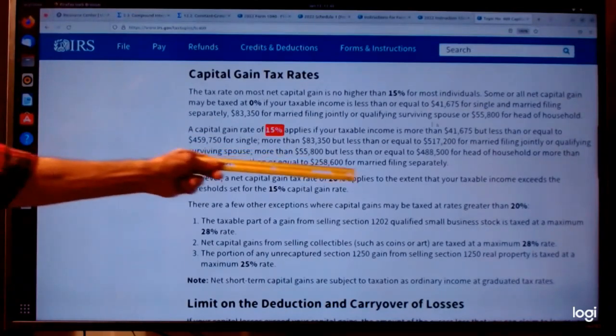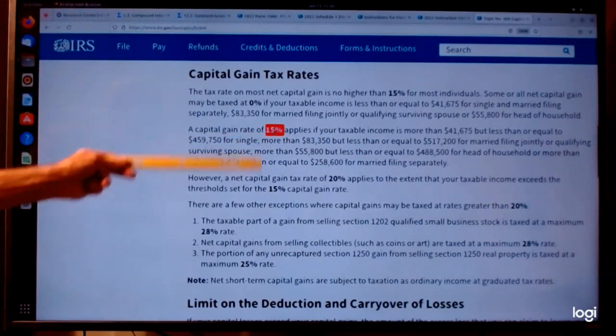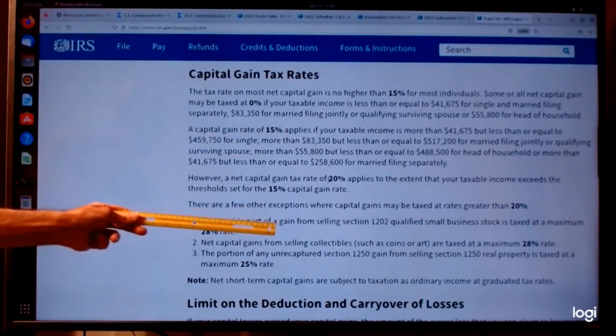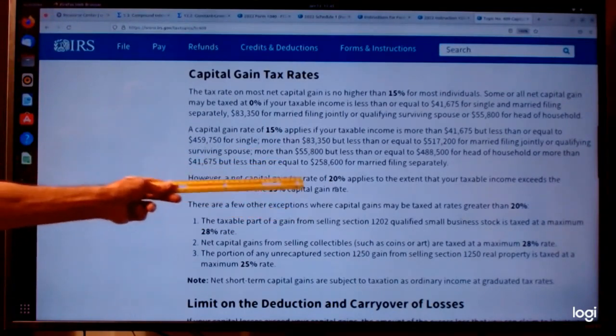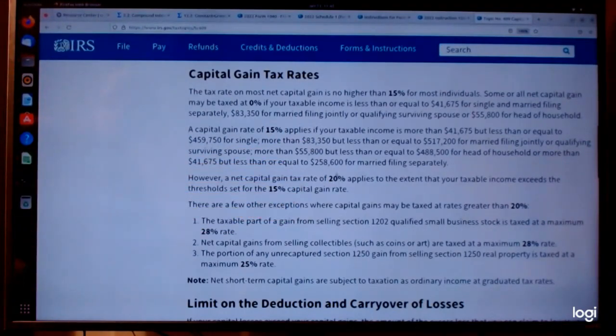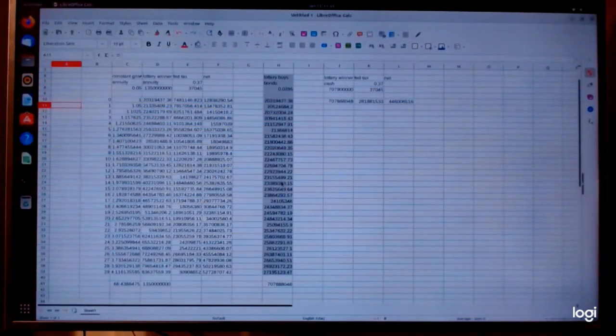For your first almost $500,000, it's only 15%, and then it's only 20% after when your income exceeds that. So that's kind of what I'm thinking is that, see, rich people don't pay taxes like the poor people do.